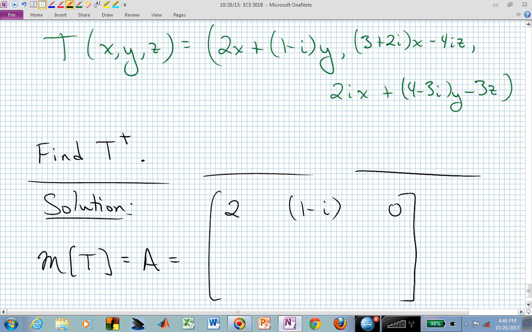What's the second row? It has to produce that second coordinate when this matrix A is applied to x, y, z. I do get an x piece scaled. I do get a z piece scaled. I don't get a y piece, do I? What's my z piece?